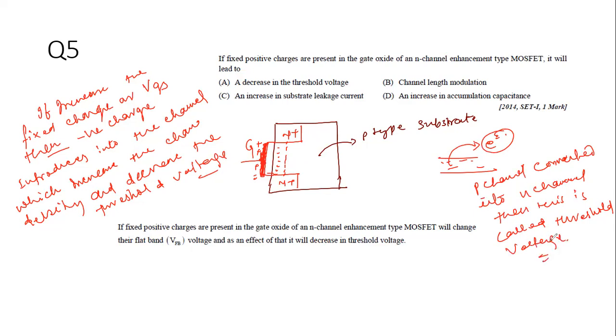So the particular voltage at which the P channel is converted into the N channel is called threshold voltage. So the effect is a decrease in the threshold voltage. So option A is your right option. Now come to the next.